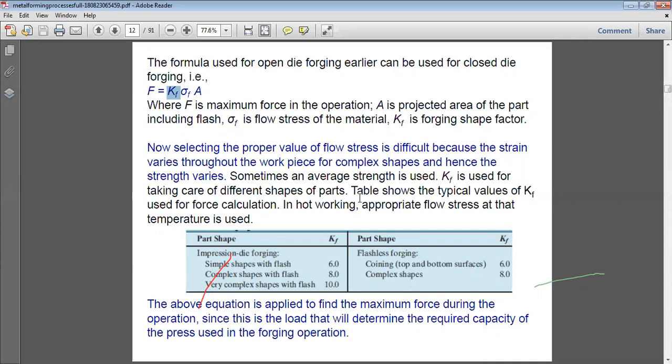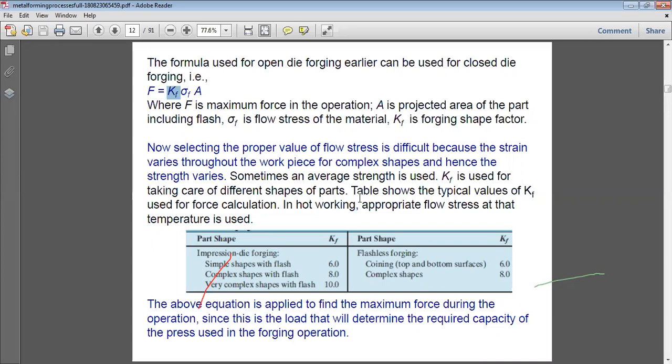for the required capacity of the press. So how can we calculate the capacity of the press? It is the press that is being used to deform the structure, but we need to know what amount of force is to be applied by the press so that the deformation can take place.